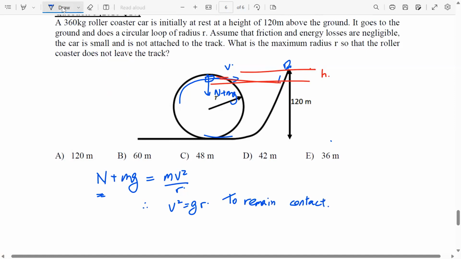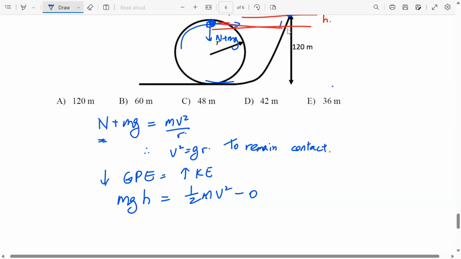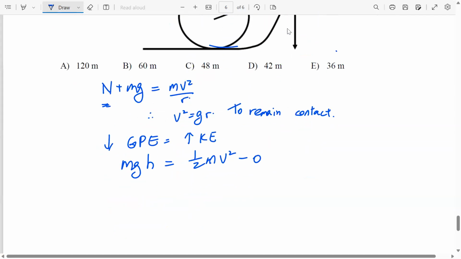So next, between the point at rest and the highest point of the loop, there's a loss in GPE, which is equal to the gain in KE. So mgh equals half mv squared minus 0. Initial is going to be 0. And v squared is actually gr.